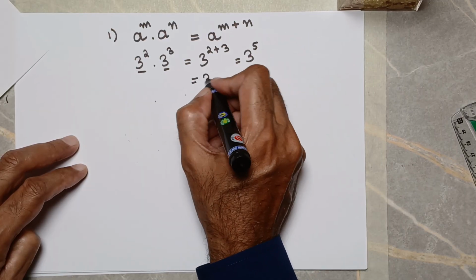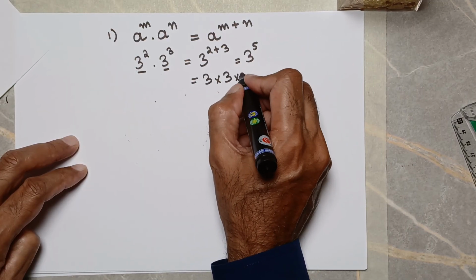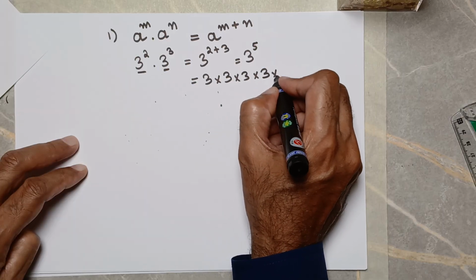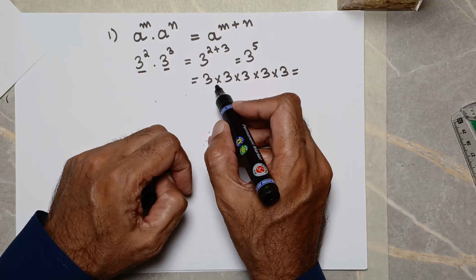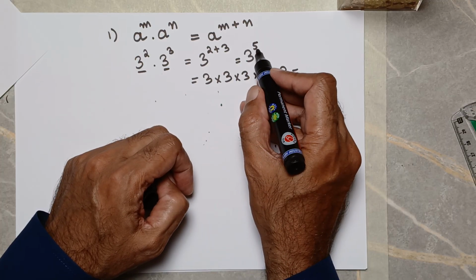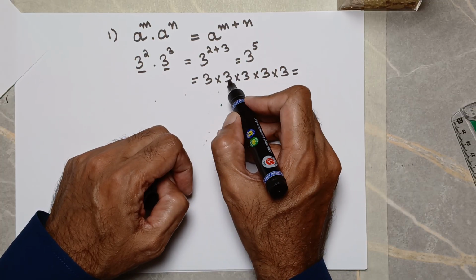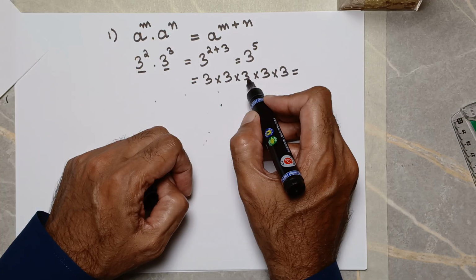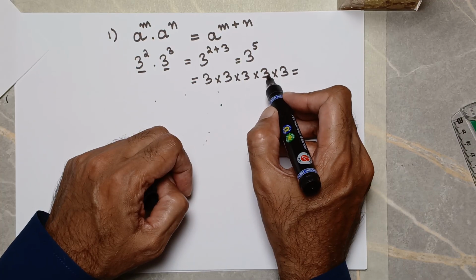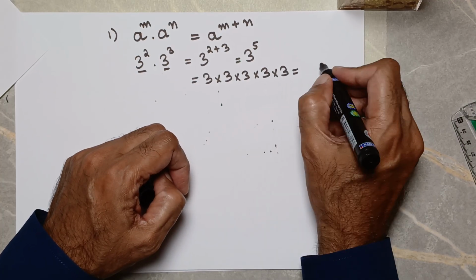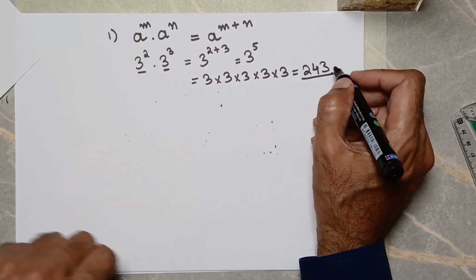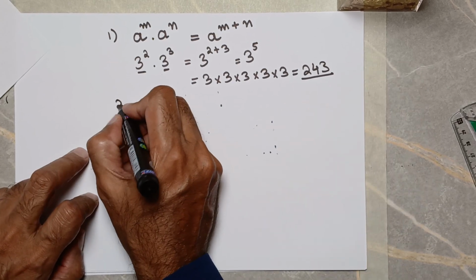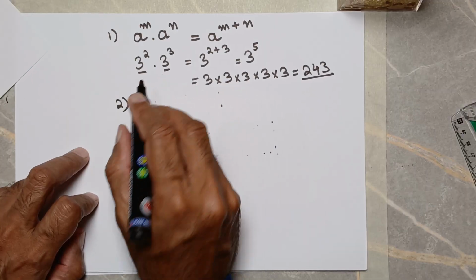You can simply write it as 3 multiplied by 3 multiplied by 3 multiplied by 3 multiplied by 3. Here the 3 is multiplied 5 times because of this exponent. 3 multiplied by 3 is 9. 9 multiplied by 3 is 27. 27 multiplied by 3 is 81. And 81 multiplied by 3 is 243.